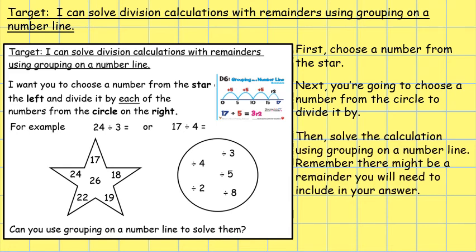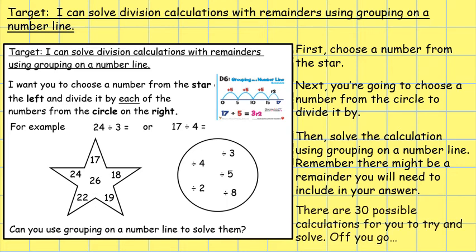Then, solve the calculation using grouping on a number line. Remember, there might be a remainder you will need to include in your answer. There are 30 possible calculations for you to try and solve, so you should have enough work to complete. Off you go!